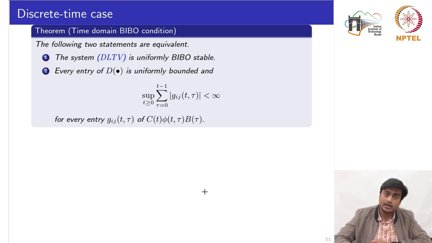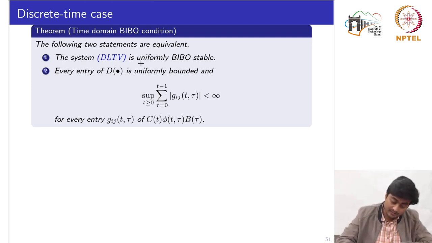The time domain BIBO condition for the discrete time LTI system is that it is BIBO stable if and only if every entry of D is uniformly bounded and the impulse response is absolutely summable.